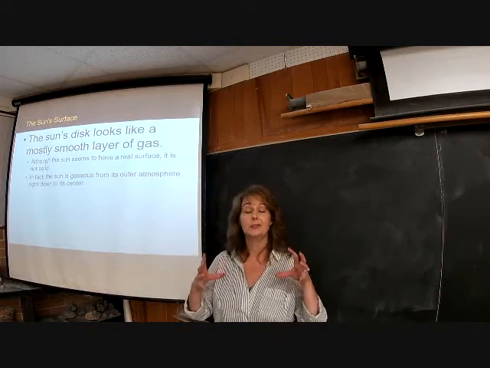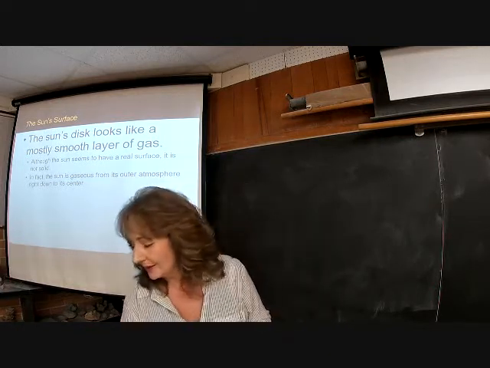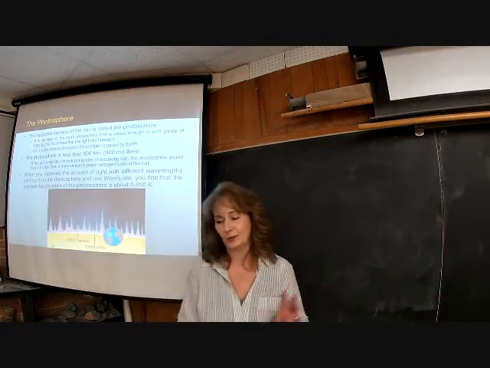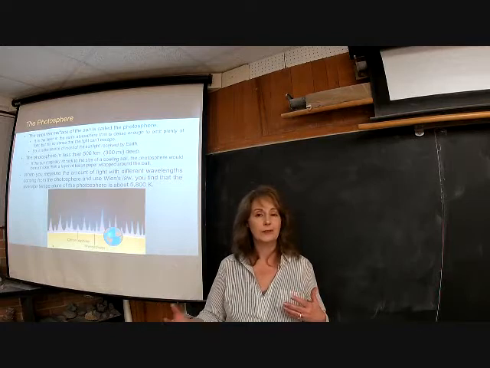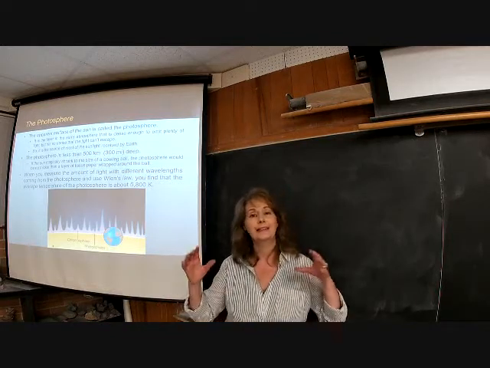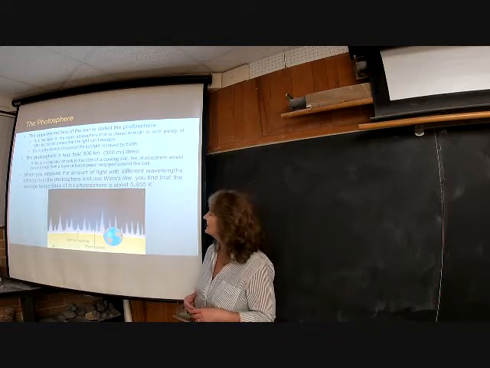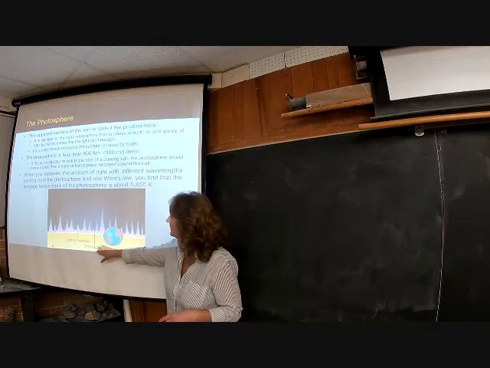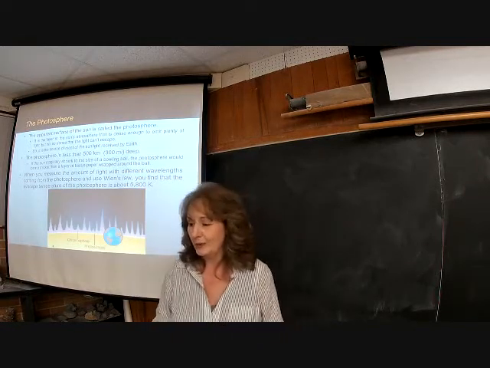So it's just this huge, giant ball of gas, okay? Mixtures of gases, and we'll look at the compositions in a bit. But the photosphere is that portion of the sun that light is actually coming through, the apparent surface of the sun. Here, light is able to make its way through.